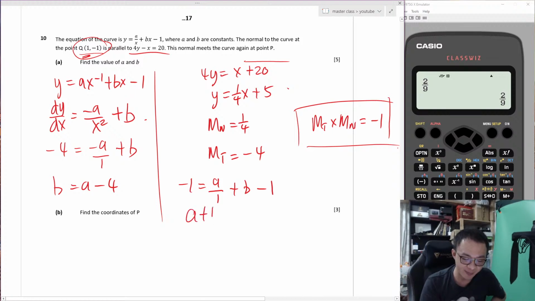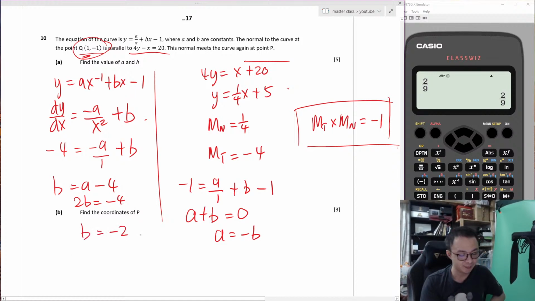Alright, so a plus b equals to negative 2. Oh no, equals to 0. Okay, cool. Then a equals to negative b. So here 2b will equal negative 4. Then b will equal negative 2. Then a equals to 2. Okay, got the answer. a is 2, b is negative 2.